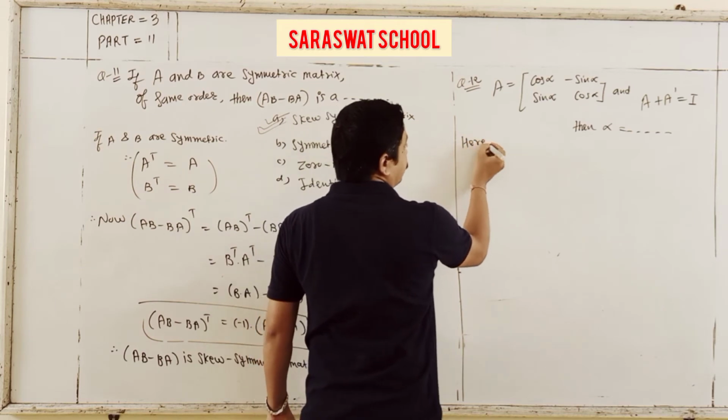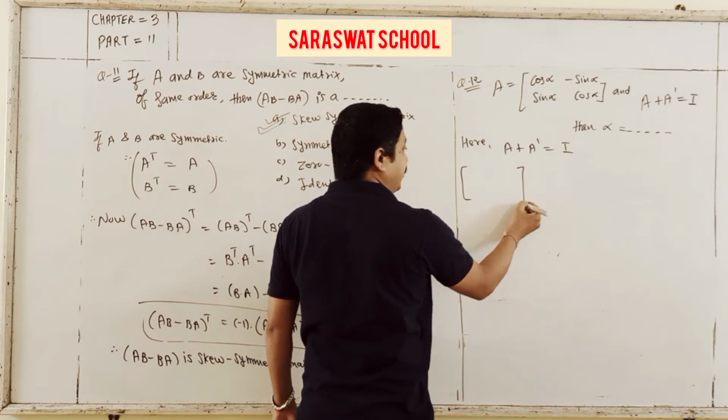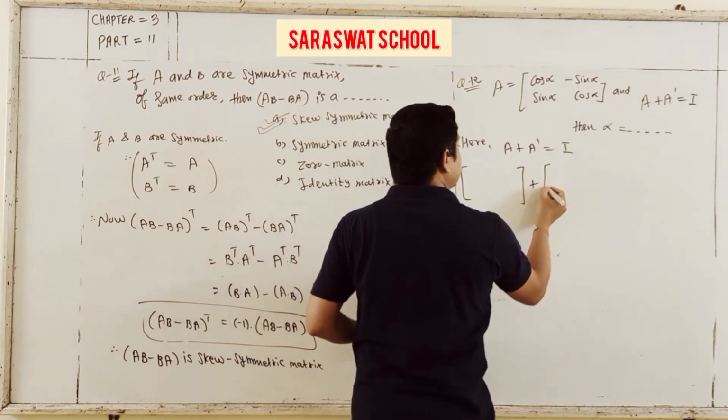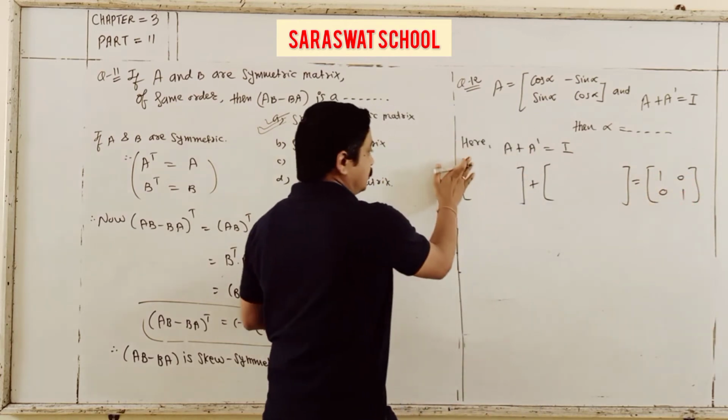So here A plus A dash is I. Put down very quickly A plus its transpose, and I is 1, 0, 0, 1.